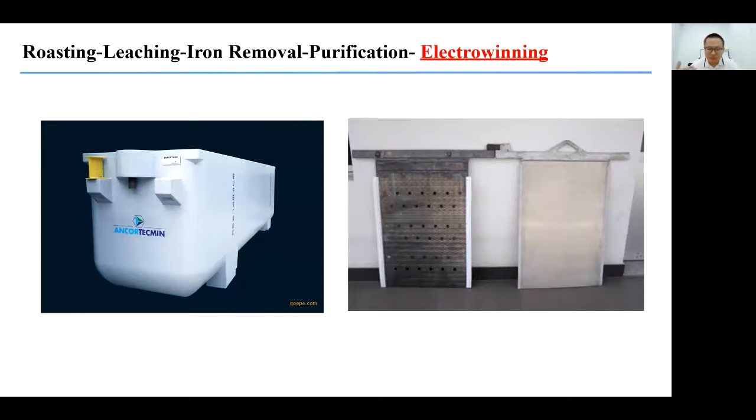We prepare one starter and it grows in the electrowinning process and we sell the cathode. Because this is very low efficient, we should find a cathode which can fit the large scale production or fit the automatic production.